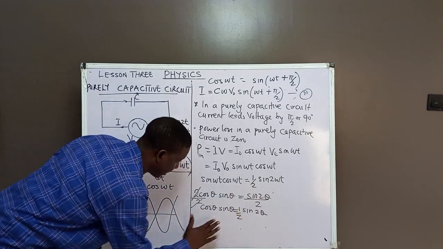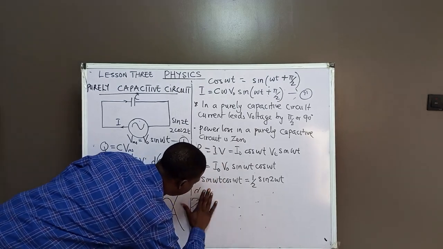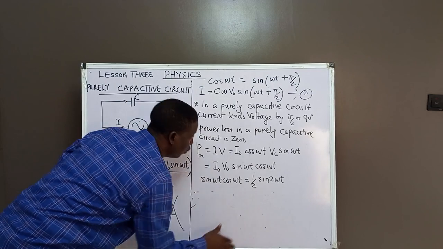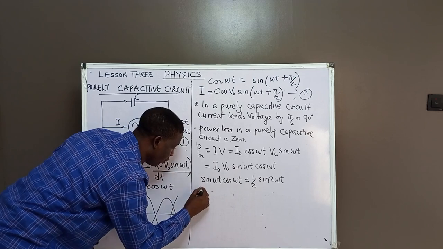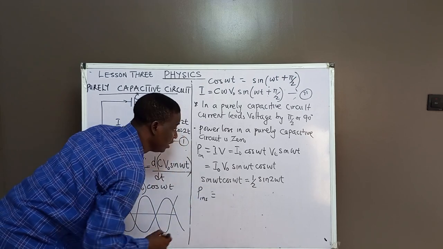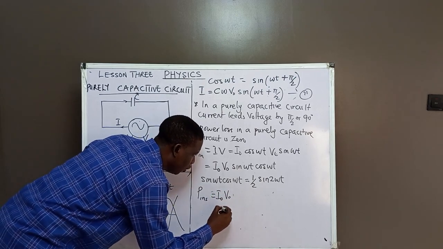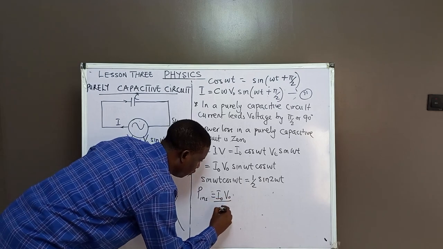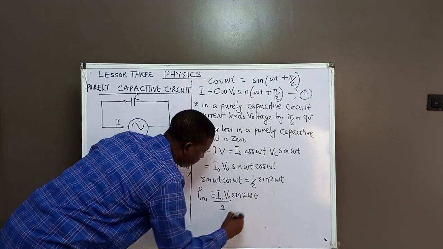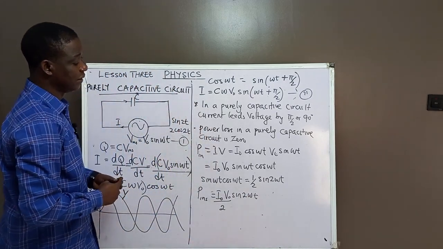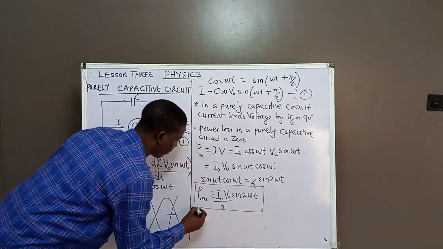So the instantaneous power is equal to I naught V naught over 2 sine 2WT. That is the instantaneous power in a capacitive circuit.